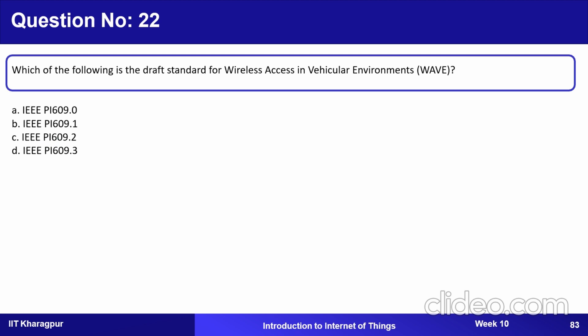Next question is, which of the following is the draft standard for wireless access in vehicular environment, that is WAVE?